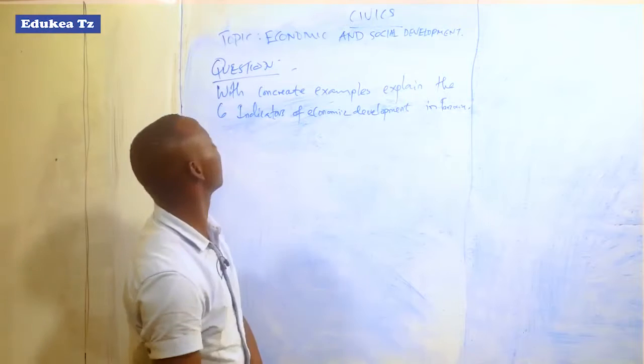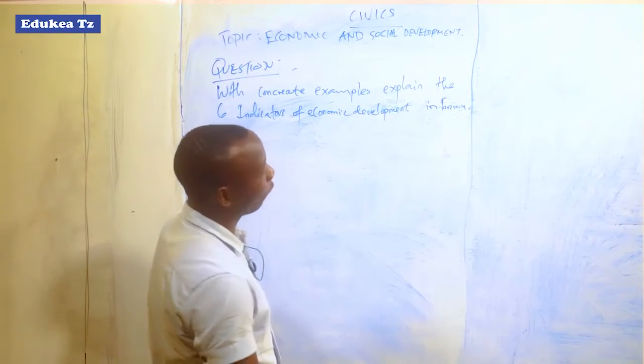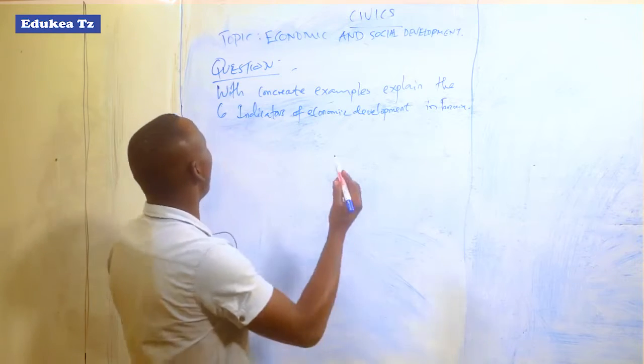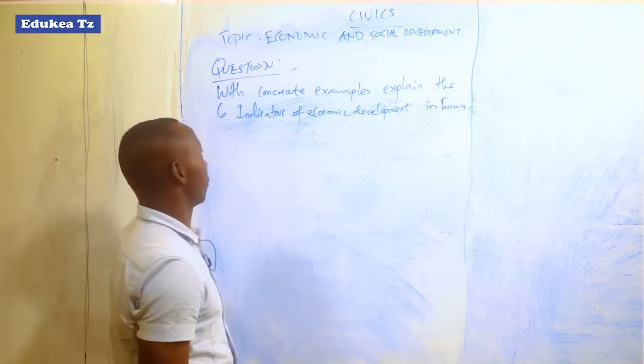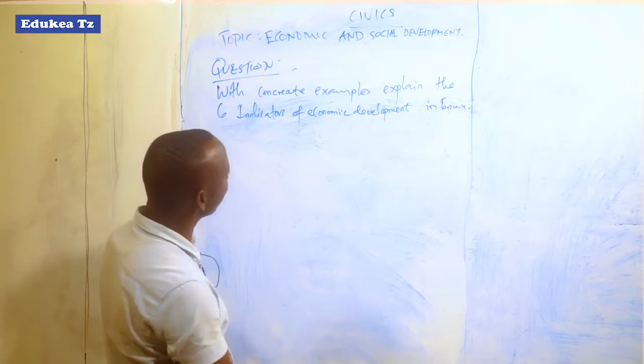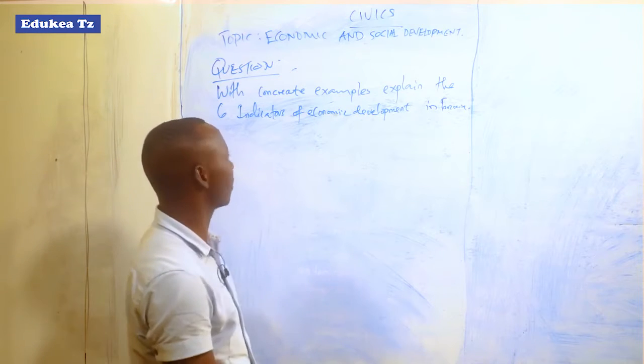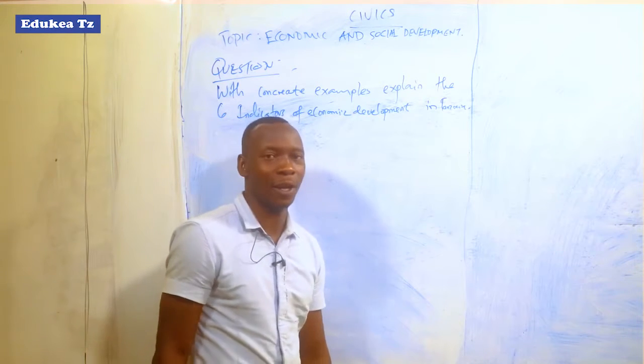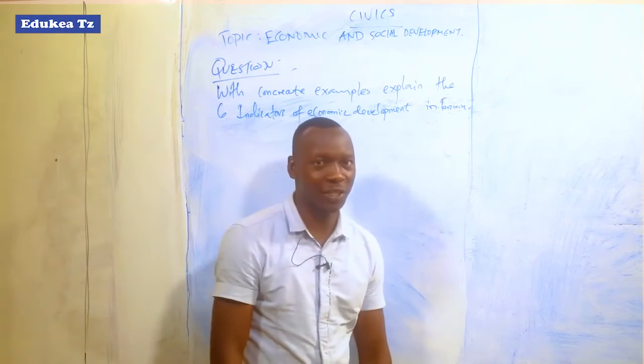Yes, my dear class, this is the end of our session. But before we wind up, we want to solve this question with concrete examples. Explain the 6 indicators of economic development in Tanzania. What is economic development in Tanzania?